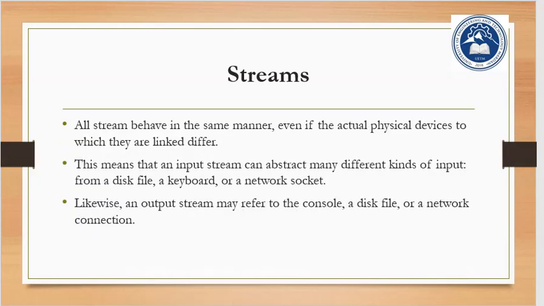All streams behave in the same manner, even if the actual physical devices to which they are linked differ. This means that an input stream can abstract many different kinds of input, from a disk file, a keyboard, or a network socket. Likewise, an output stream may refer to the console, a disk file, or a network connection.